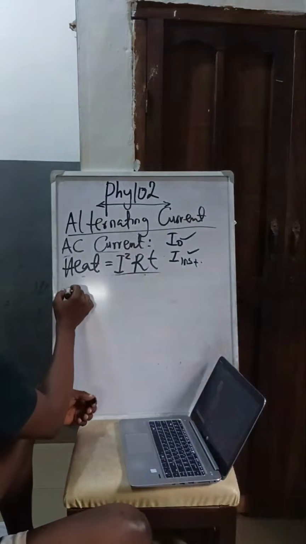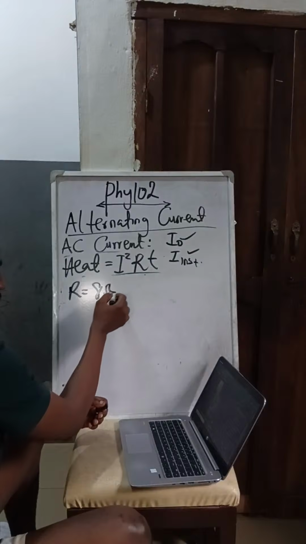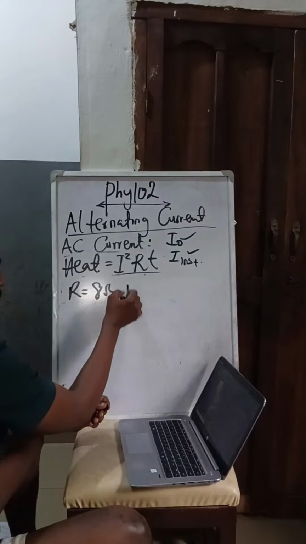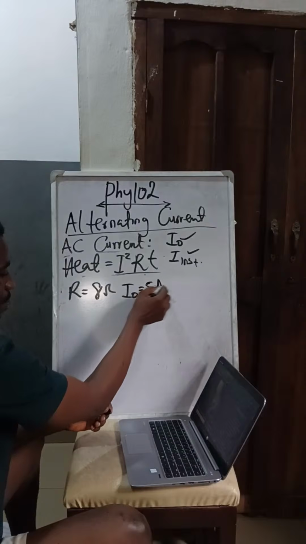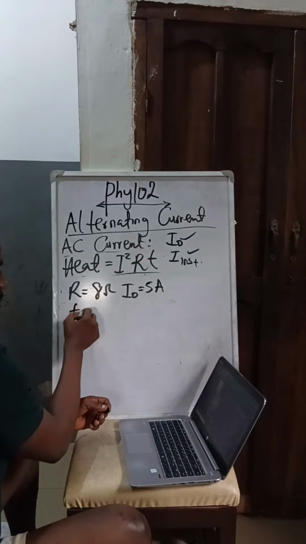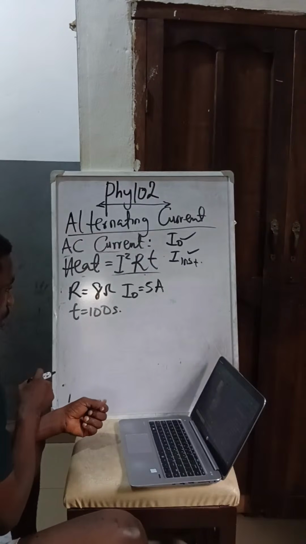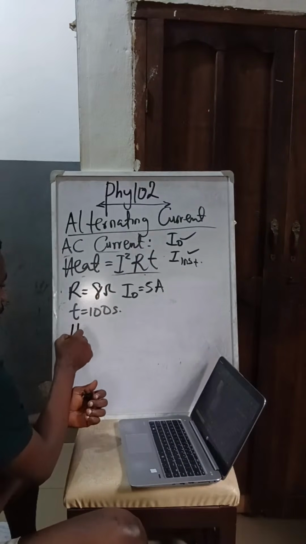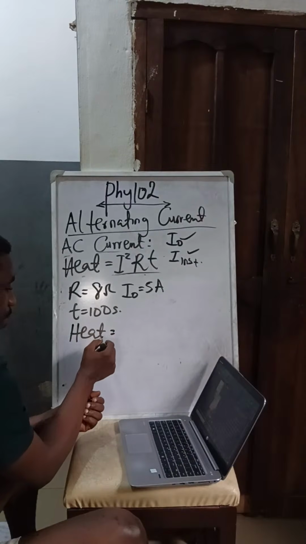R was given as 8 ohms. Peak current was given as 5 ampere. Time 100 seconds. So how do we solve it? We are looking for the heat generated. Heat generated is equal to what?